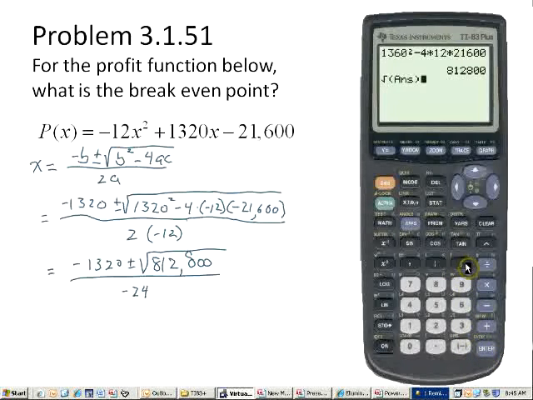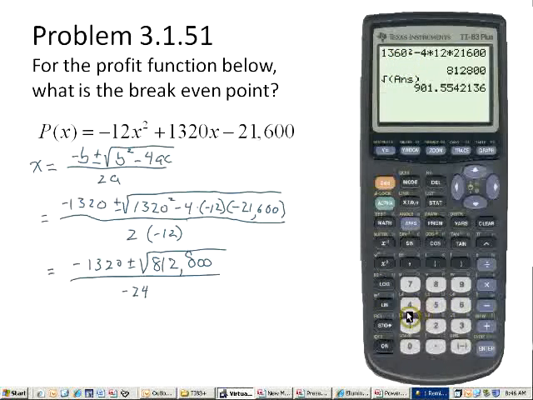So I'm going to hit second function, square root, second function, answer. And if you want, you can close the parentheses, but it's not necessary. And I'll hit enter. And this gives me a rounded off number, and somehow something's not quite the way I thought it should be. Let me double check my computations. I see a mistake.